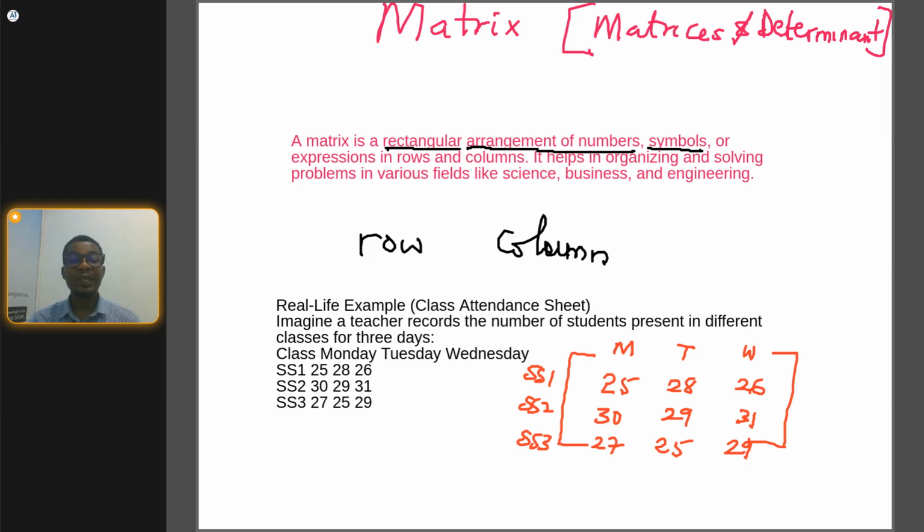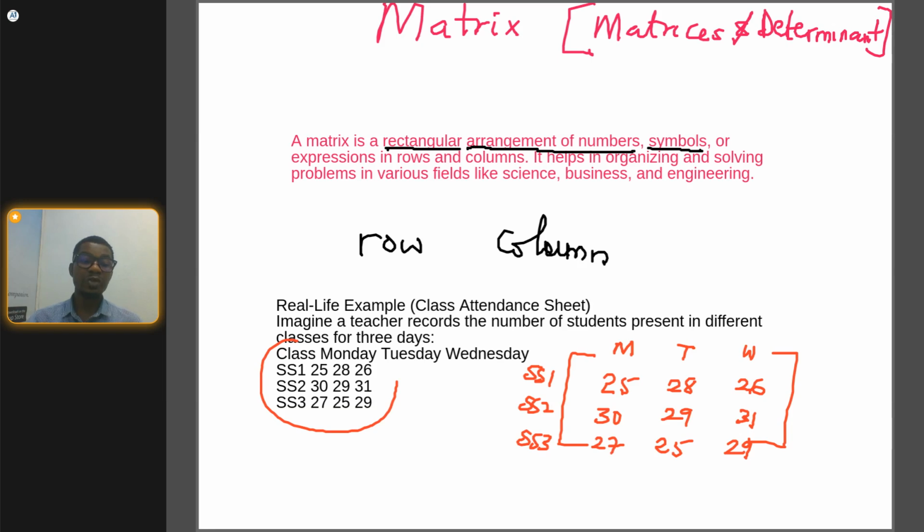So we have represented that information in a matrix. The record of students present in a school for 3 different days has been represented in what? In a matrix form. So this is the matrix representation of this information.